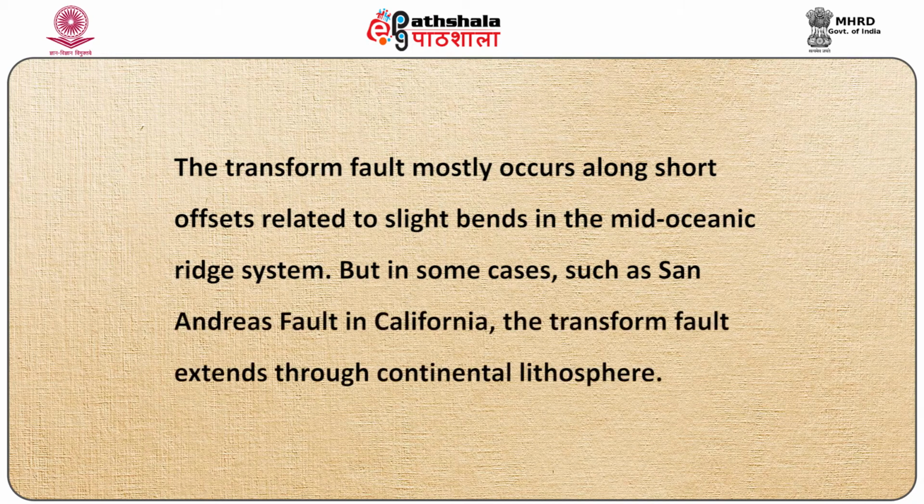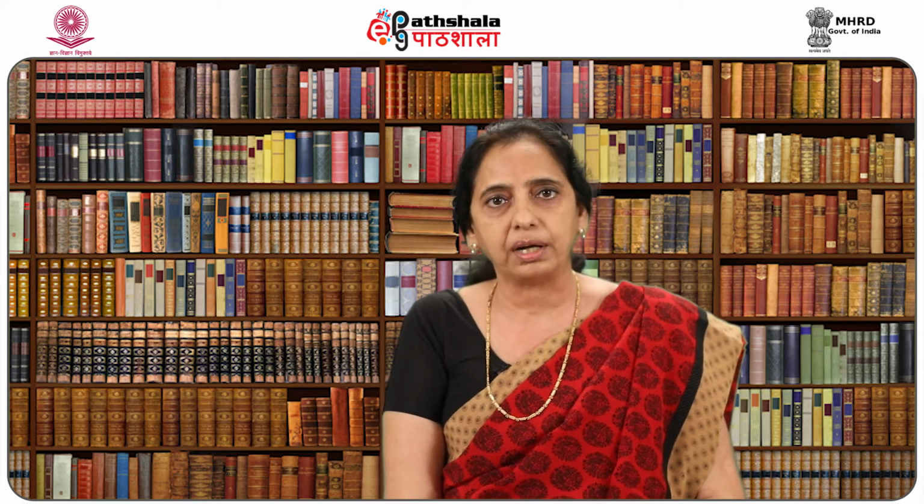The transform fault mostly occurs along short offsets related to slight bends in the mid-oceanic ridge system. But in some cases, such as San Andreas Fault in California, the transform fault extends through continental lithosphere. On April 18, 1906, an earthquake of magnitude 7.9 struck California.